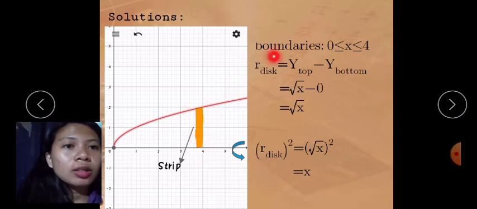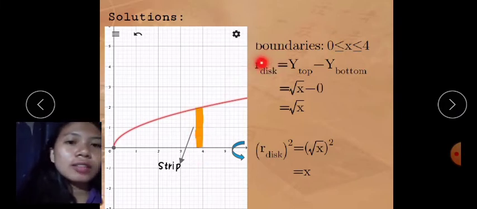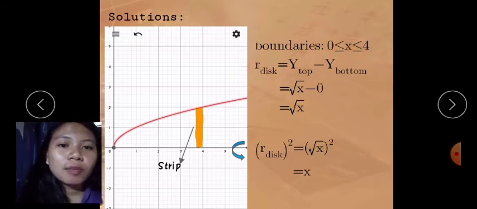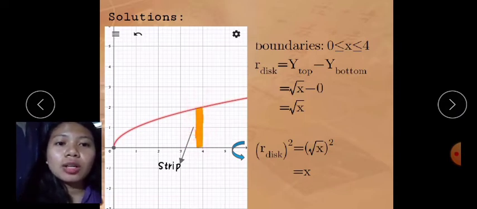Now in step 1, we get the boundaries. The boundaries are already given, so the boundaries are from 0 to 4. Step 2, draw a strip on our graph, and we look at whether it is vertical or horizontal to decide which equation we should use to get r des.